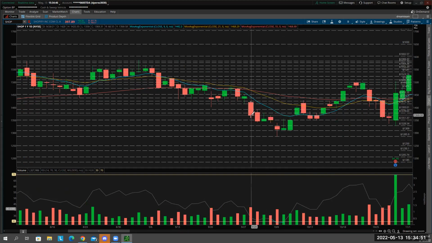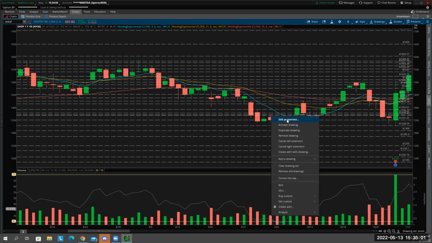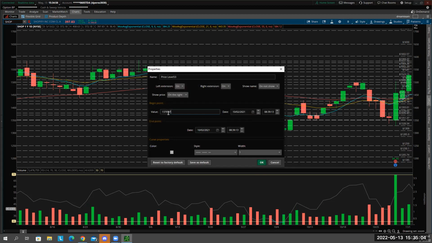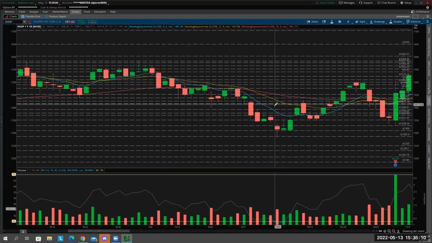High of this, close of this. Close is 1369.31. High of this is 1369.83. Low of this, close of this.